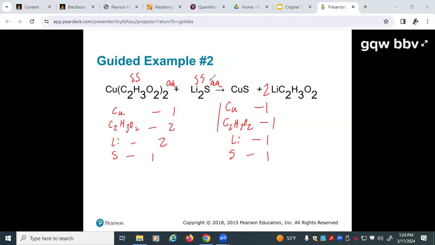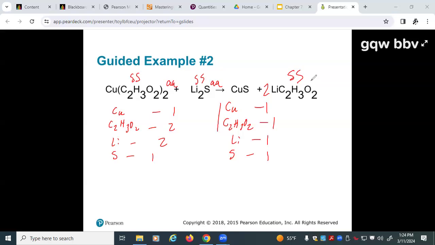So that covers the reactant side. What about the product side? Well, on the product side, I can see lithium and acetate over here. So I know that it's soluble because lithium is always soluble. Acetate is always soluble. That must be a soluble compound right there. What about the copper 2 sulfide?